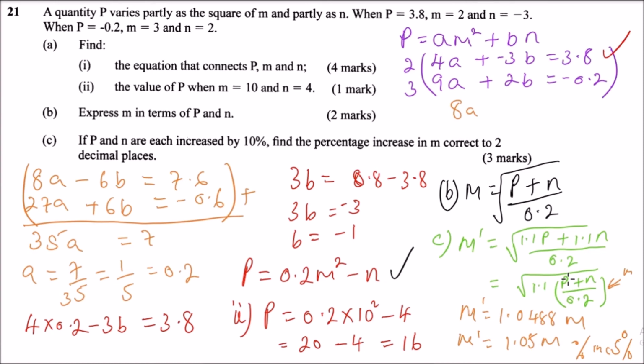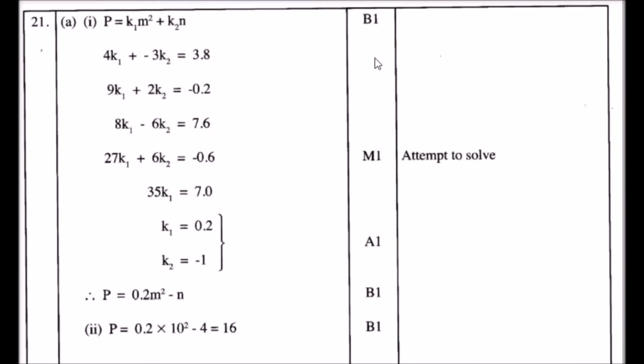So the following, I'll show you diagrams of how the marks are awarded in this question. For part A, you get one mark for expressing the statement of p. Then you get another mark for solving, that is working out and substituting, and you get another mark for getting the constants.